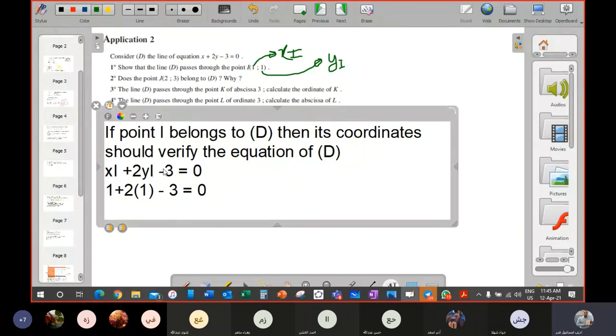We continue. 2 times 1 is 2. 1 plus 2 is 3. 3 minus 3 is 0. Then 0 equals 0, right? Correct.